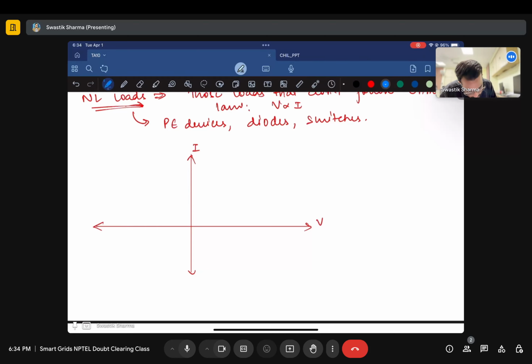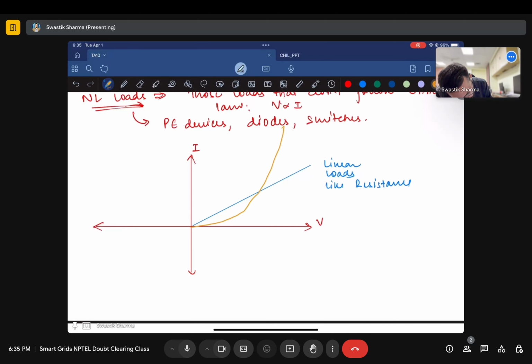Ideally, these are linear loads like resistance, where voltage varies proportional to the current. But non-linear loads behave like this. This is a diode VI characteristic.